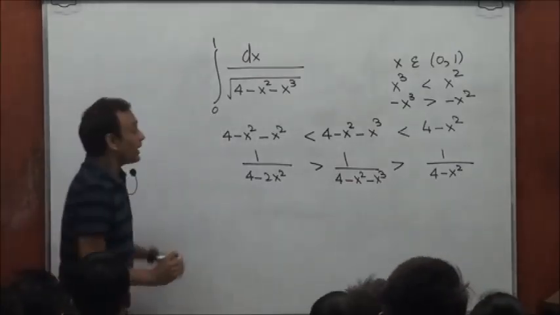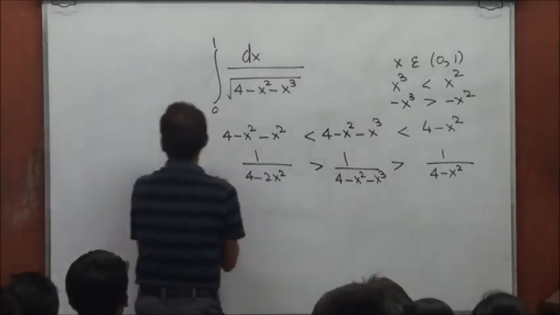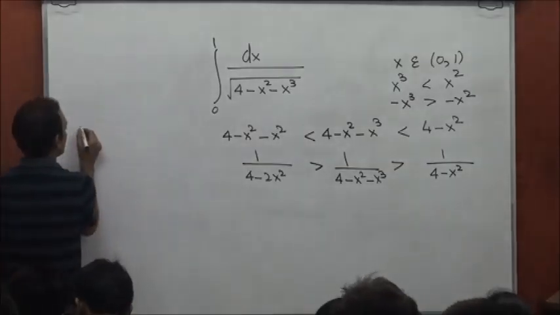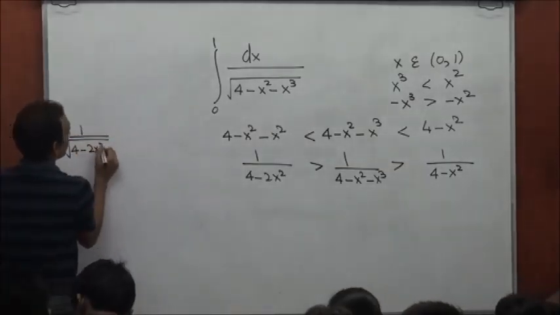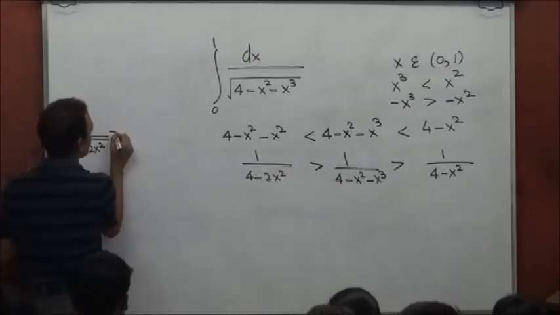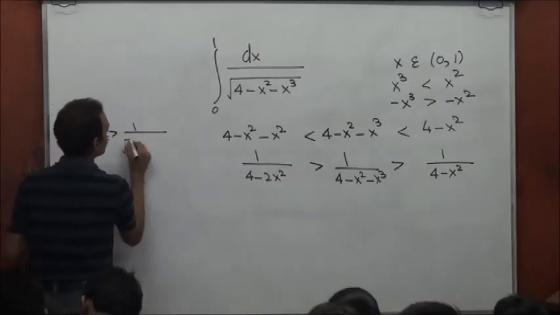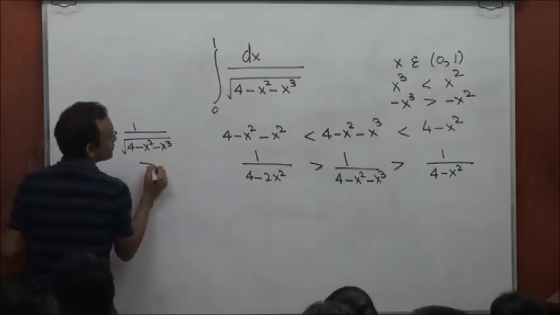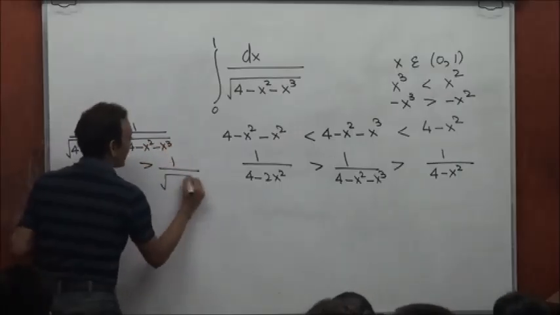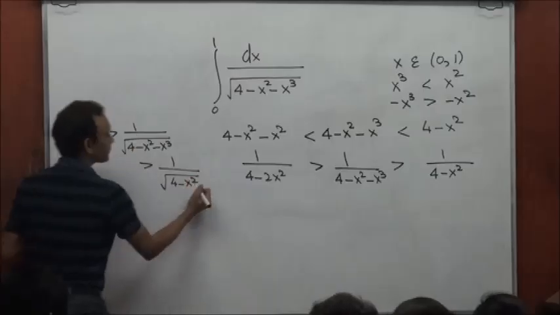Yes or no? And therefore, if I take the square root, 1 by root 4 minus 2x squared is greater than 1 by root 4 minus x squared minus x cubed, which would be greater than 1 by root 4 minus x squared. Yes or no?